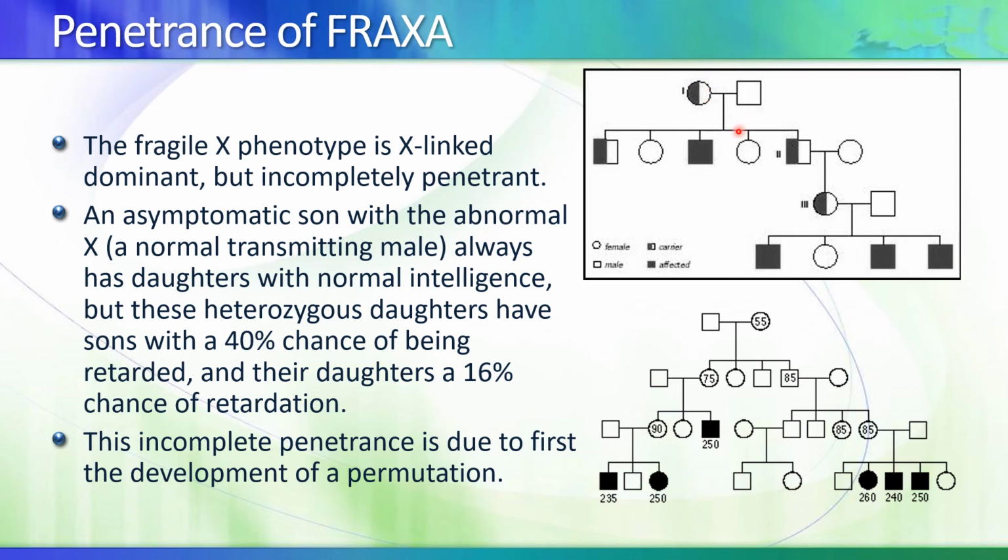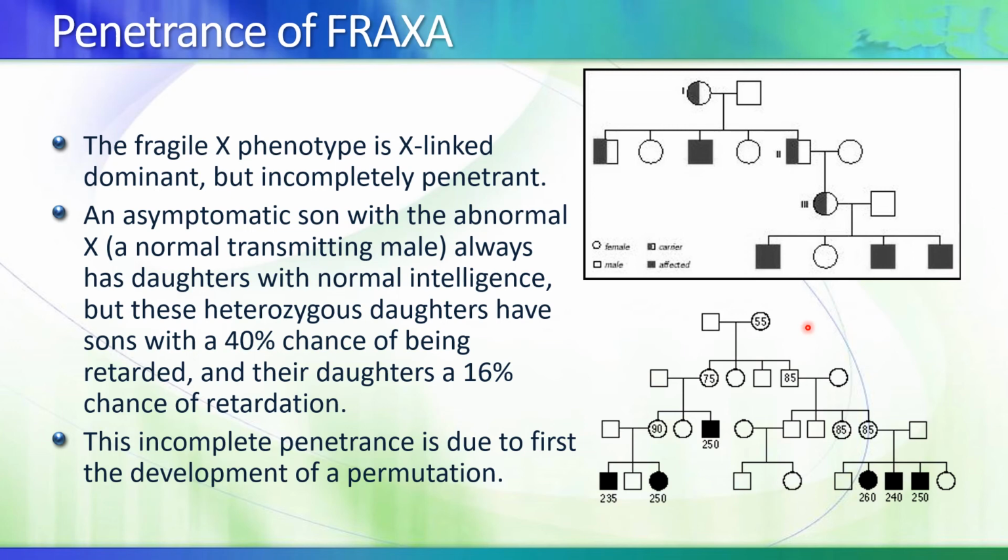She transmits the gene to her offspring, and notice that this boy is affected. This boy has a premutation. Now this is a normally transmitting male right here, because he transmits the chromosome to his daughter, and his daughter is normal because again she has 2 X chromosomes, right? So she's a carrier. But notice that all males would be affected by this disorder.